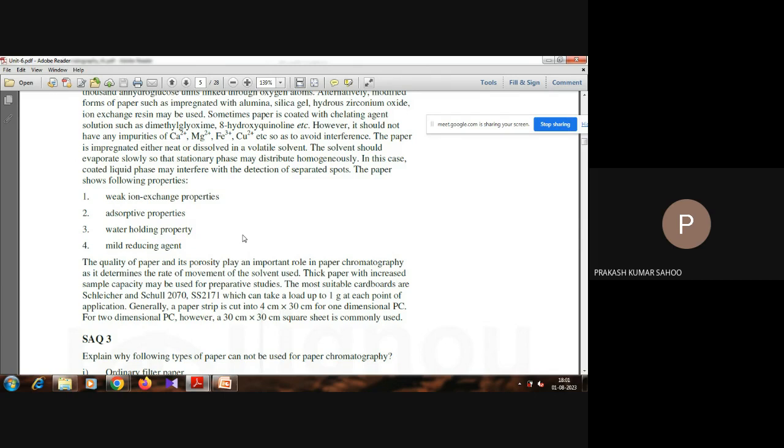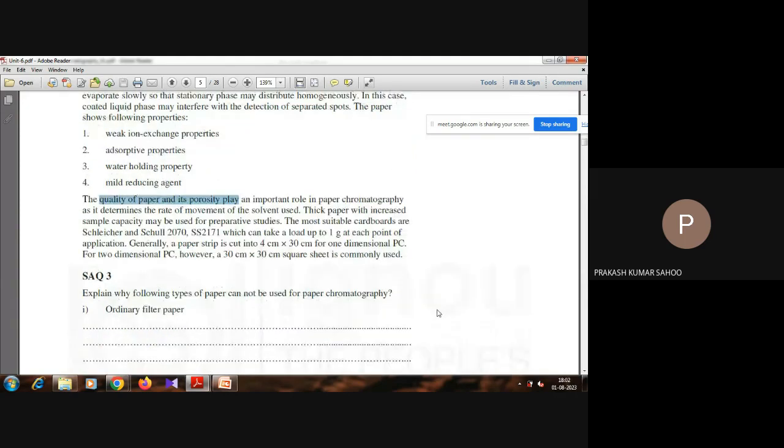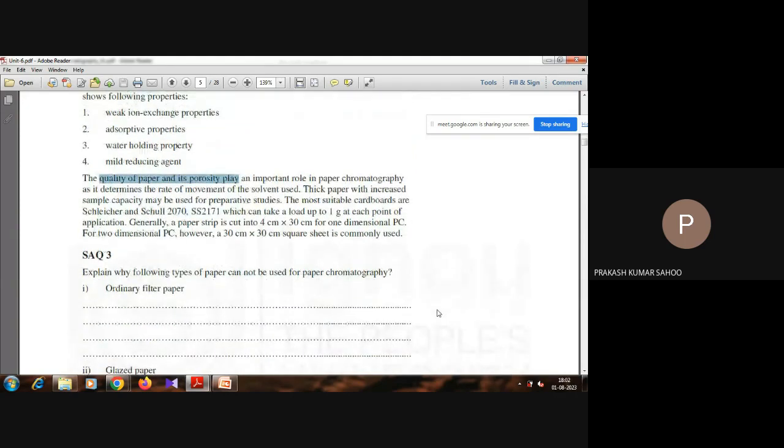The quality of paper and its porosity is very important. The quality and the porosity play an important role in paper chromatography, and they determine the rate of movement of the solvent. The paper must be a high quality, high cellulose content filter paper.